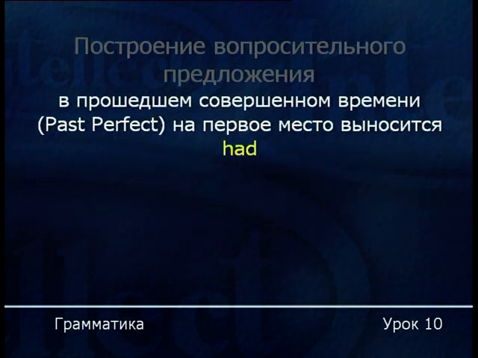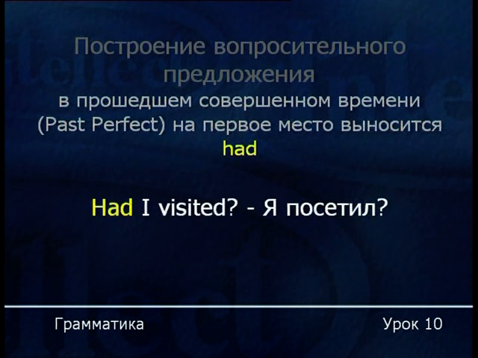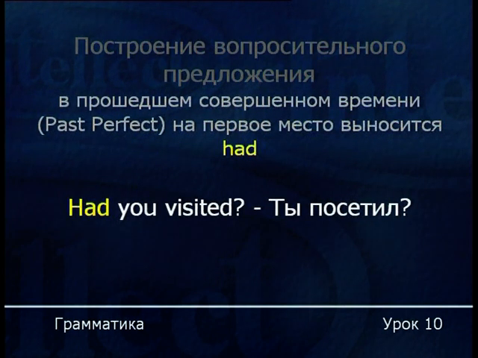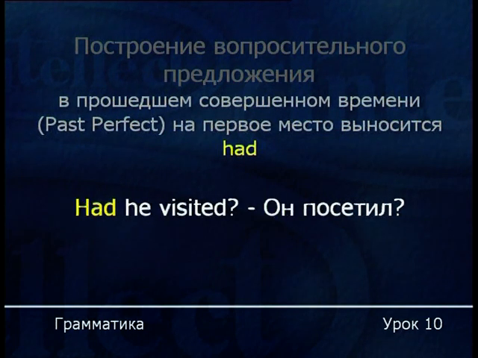В прошедшем совершенном времени past perfect на первое место выносится had. Had I visited? Had you visited?